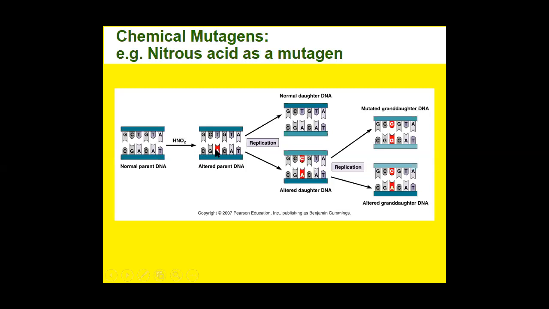And now this A does not pair with T. This mutated A will pair with C, and then when this goes through DNA replication, that C will create the mutation. Instead of being CGA, it will be CGG. Any question about that? So that's how nitrous acid acts as a mutagen.